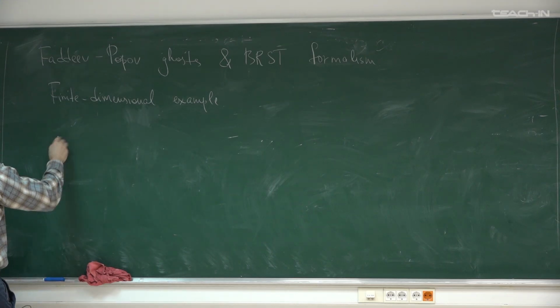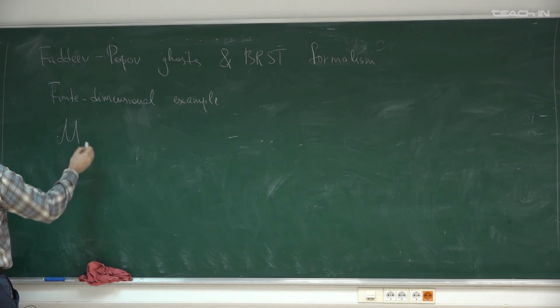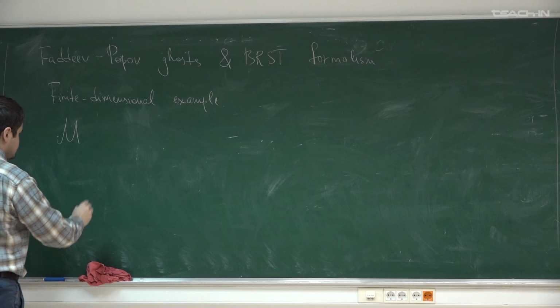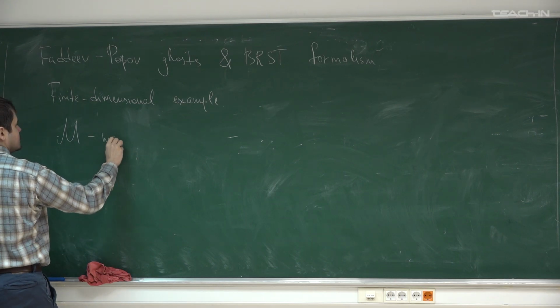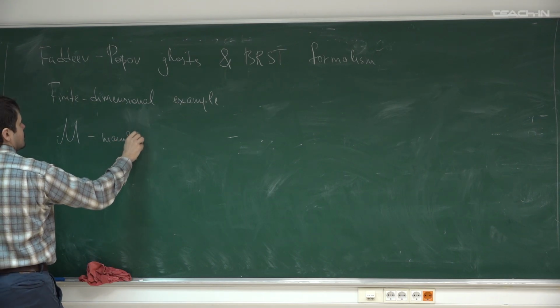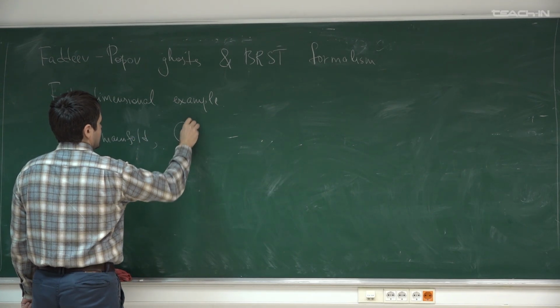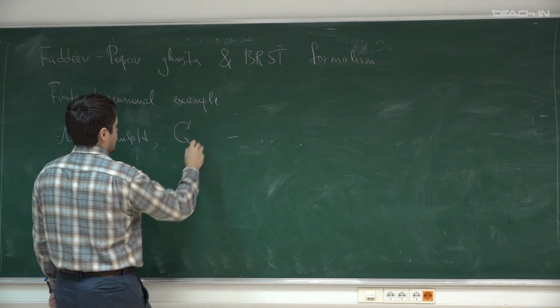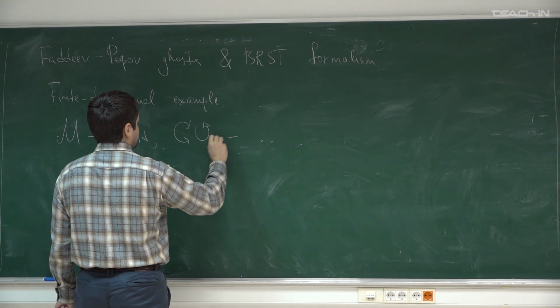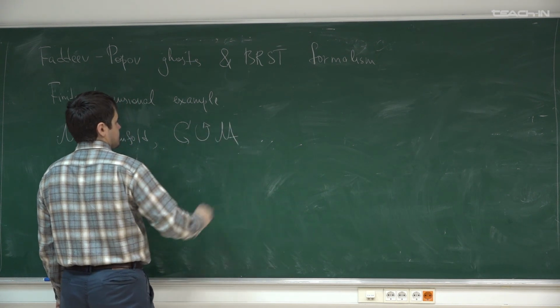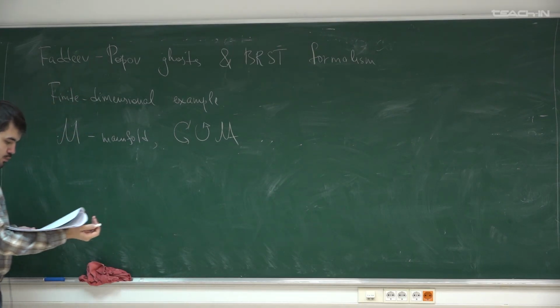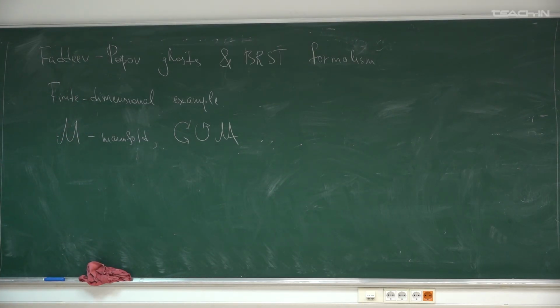An integral over some manifold M, and we have a group action, a group G acting on this manifold, and we want basically to integrate G-invariant functions over this manifold or over the quotient.